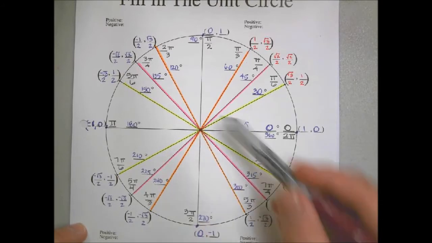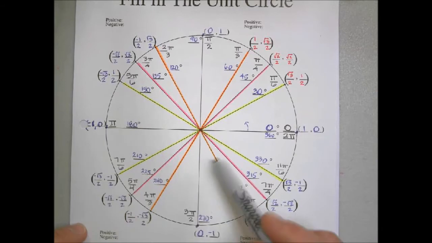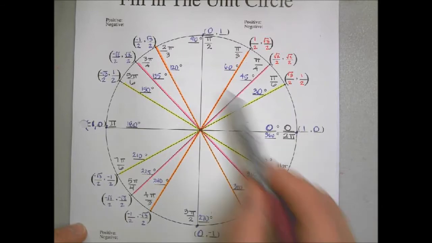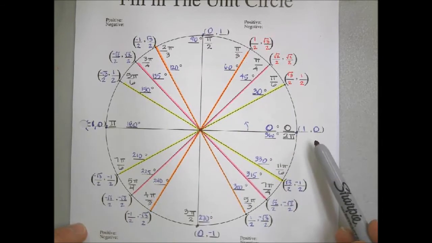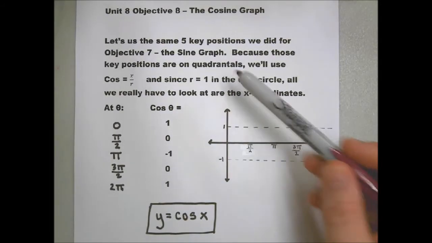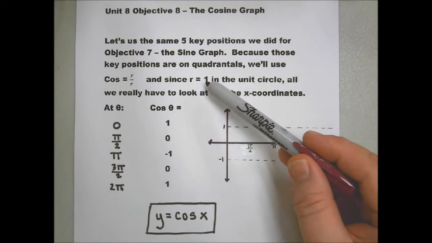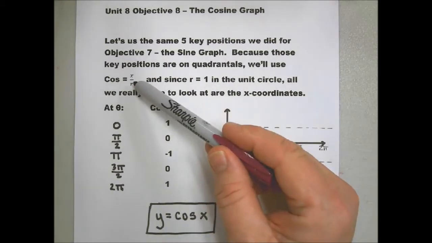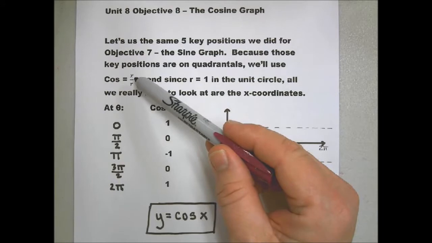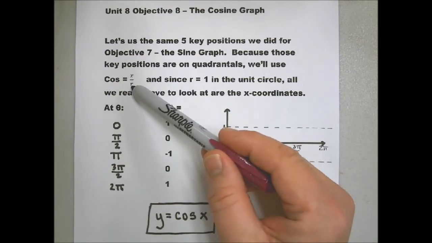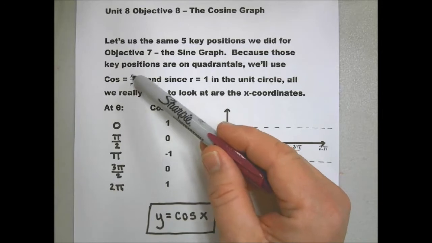We're on quadrantals. And so all we really have to do is look at the x coordinate at each of these quadrantal positions, because the r is always 1. In the unit circle, the radius is always 1. So if we're trying to graph cosine, all we need to really care about is the x, because any fraction with 1 on the denominator is just whatever that number is.